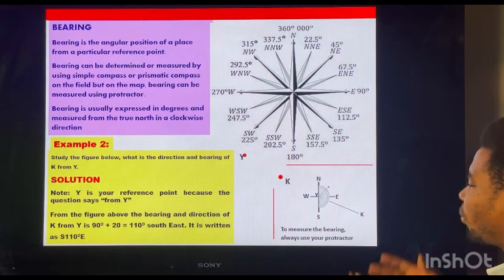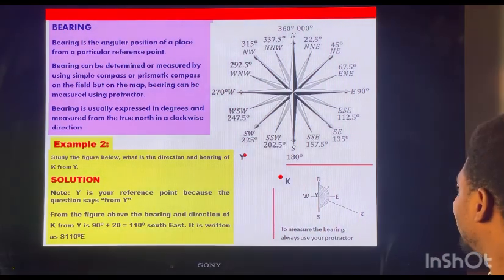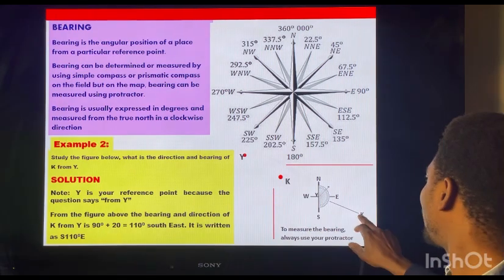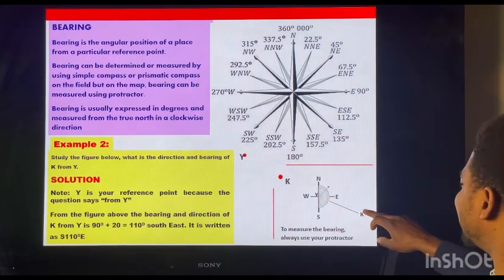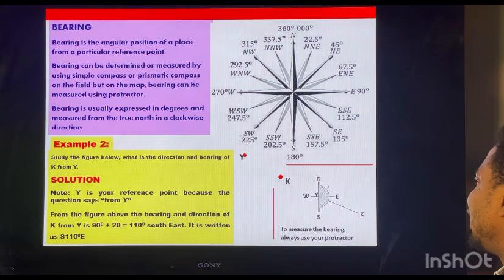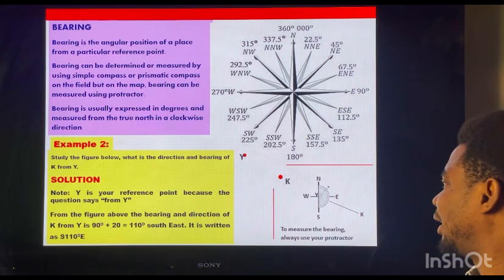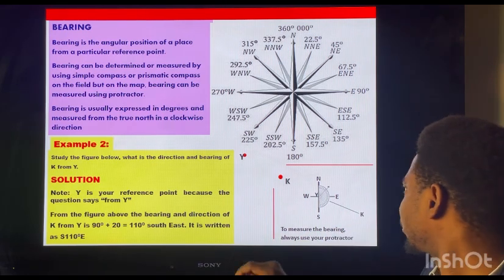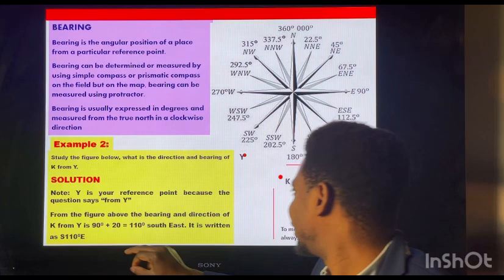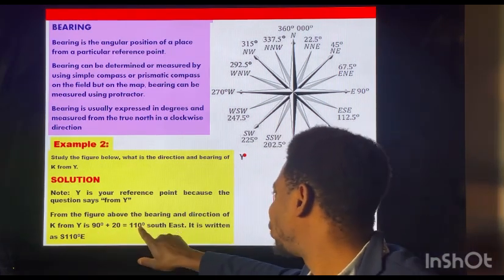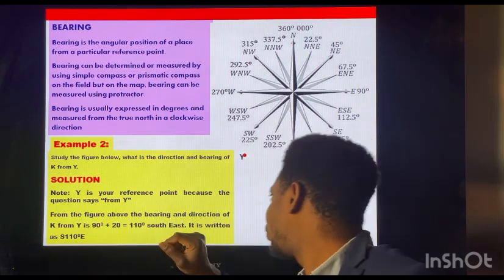So you can see from what we have here that the direction of K from Y is southeastern direction. And if you use your protractor to measure very accurately, you will see that the bearing of K from Y is 110 degrees southeast.